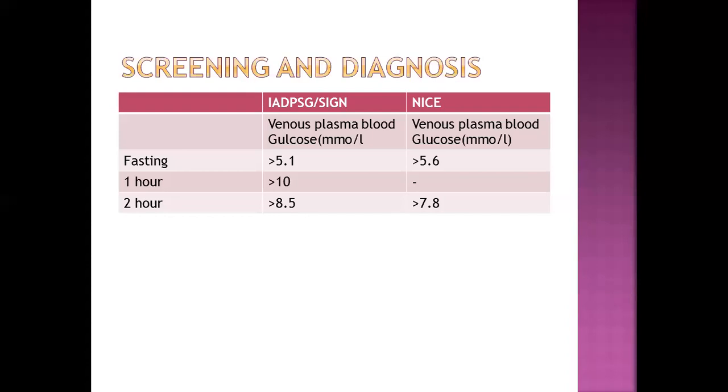That means the previous record of the glycemic state. So we assess whether she is diabetic and since how long, whether 1 month, 2 months, or 3 months. That's why we do the hemoglobin A1C, and the cutoff of the hemoglobin A1C is 6.5%.